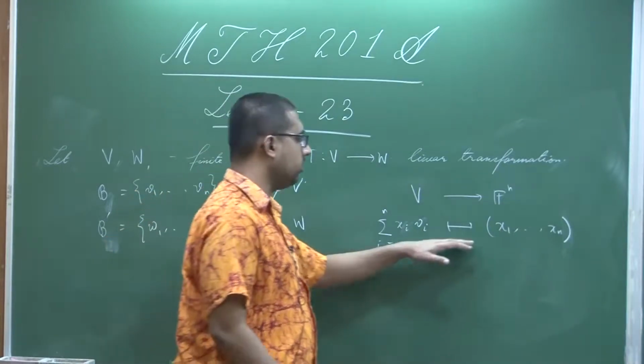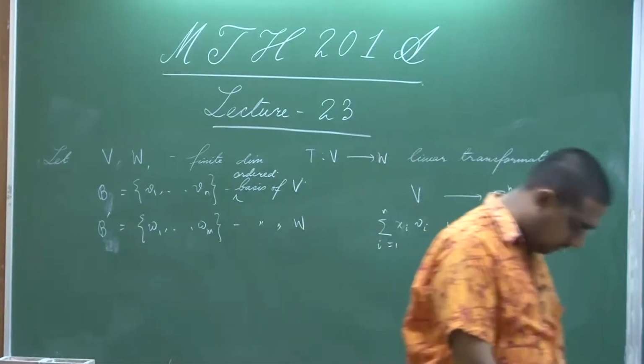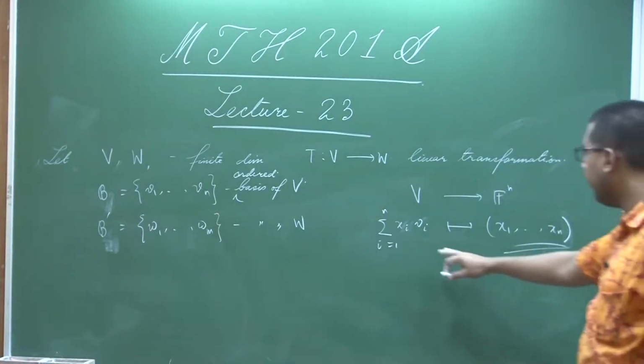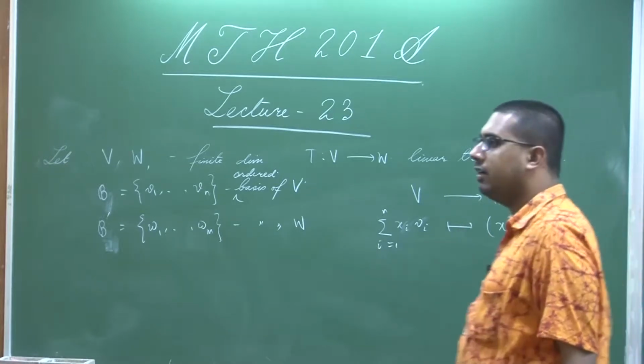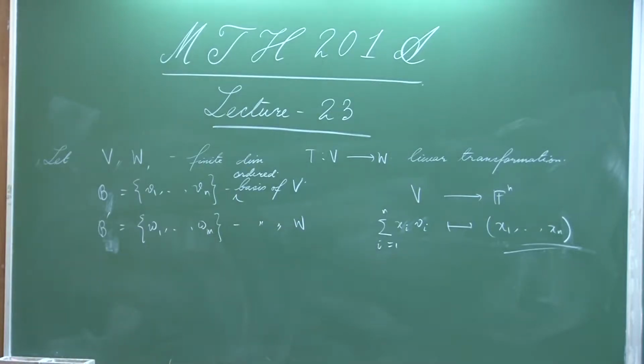So this turns out to be a linear isomorphism. Given a vector here, its image under this isomorphism is the coordinate of the vector with respect to the ordered basis. That is what we have already discussed.